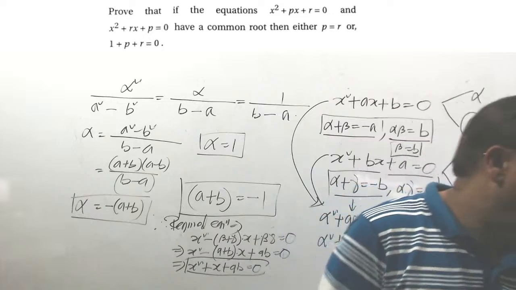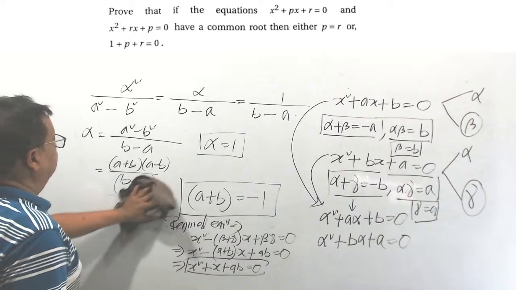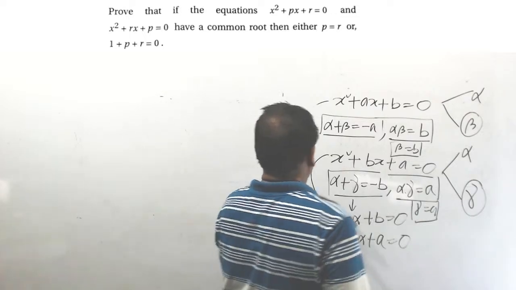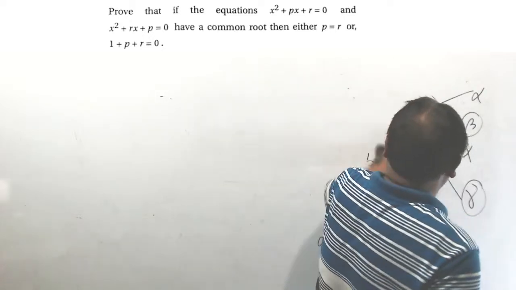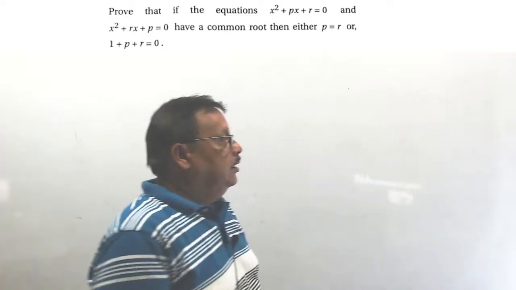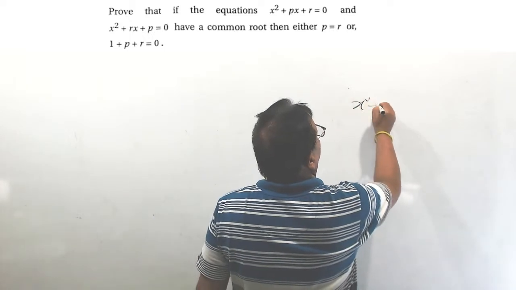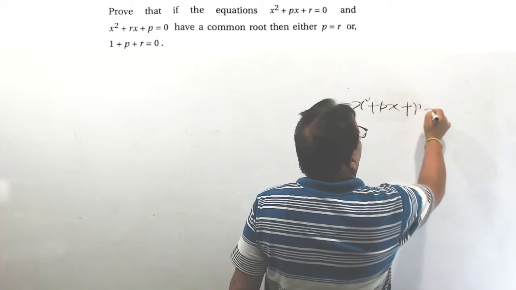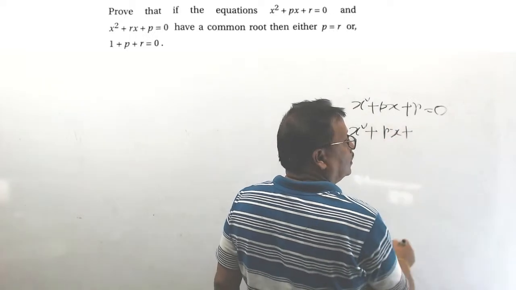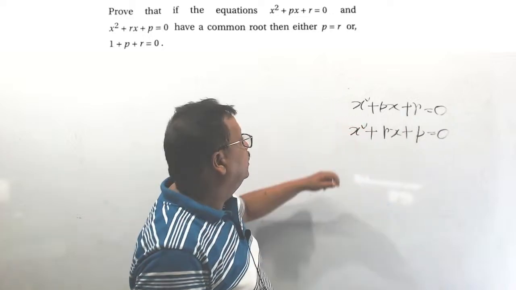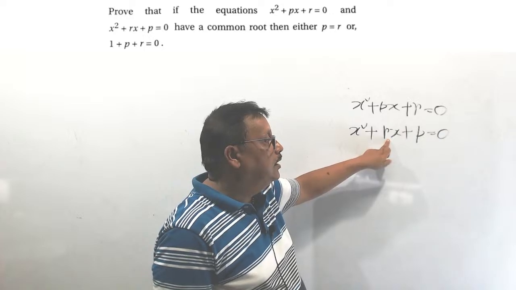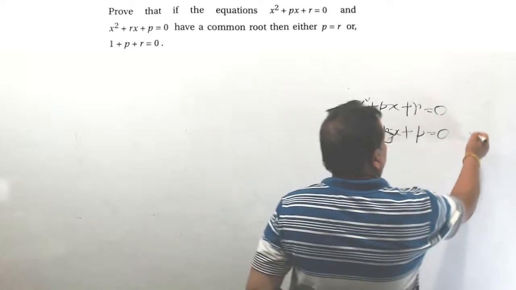Okay, see. If the equations x square plus px plus r equal to 0 and x square plus rx plus p equal to 0 have a common root, say alpha is the common root. Check the equations again, whether I wrote them correctly or not.